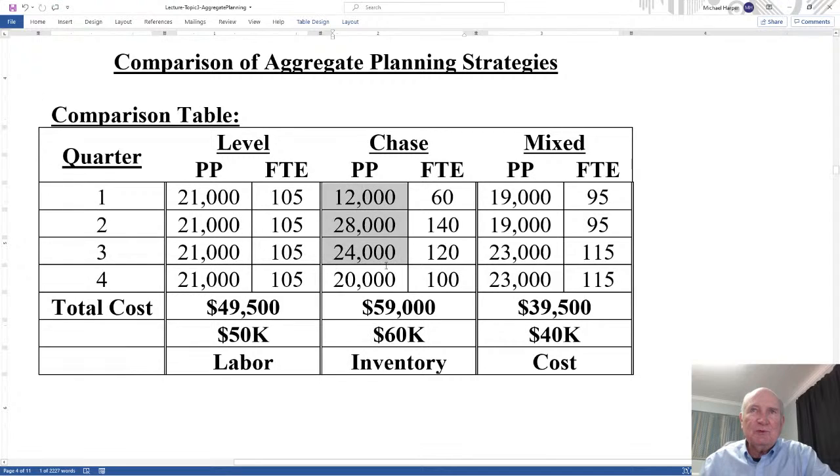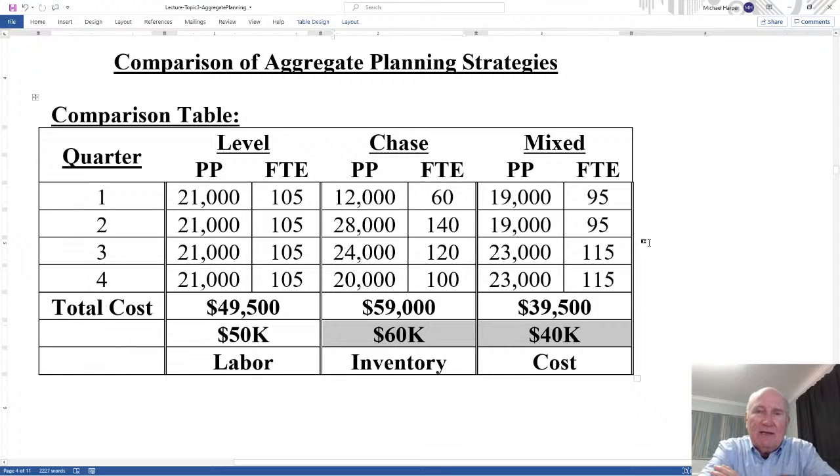So instead of having this production plan and these FTEs, what if you change these FTEs in this production plan? What's the difference? The difference is you're saving the company $20,000, which is 1/3 of the cost of your warehouse. You can lower the cost of your warehouse by 1/3. That is significant. People will spend millions of dollars to lower their costs by 2 to 5%. And you're talking about over 33%.